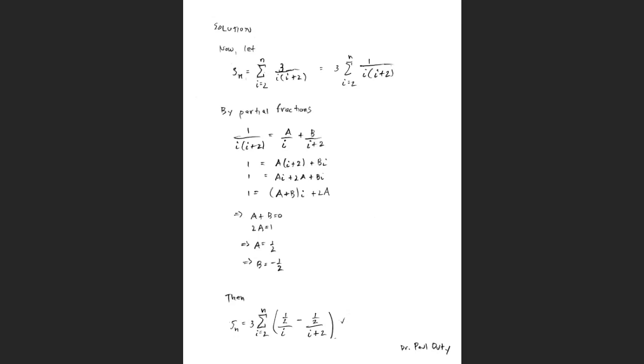Okay, so here's the nth partial sum. I'm going to factor the 3 out, and I'll worry about the 3 later. Right now, my attention is focused on the summation where i goes from 2 to n of 1 over i times i plus 2.